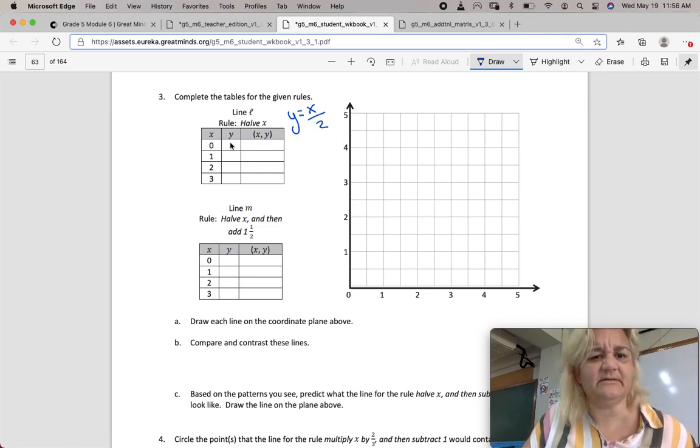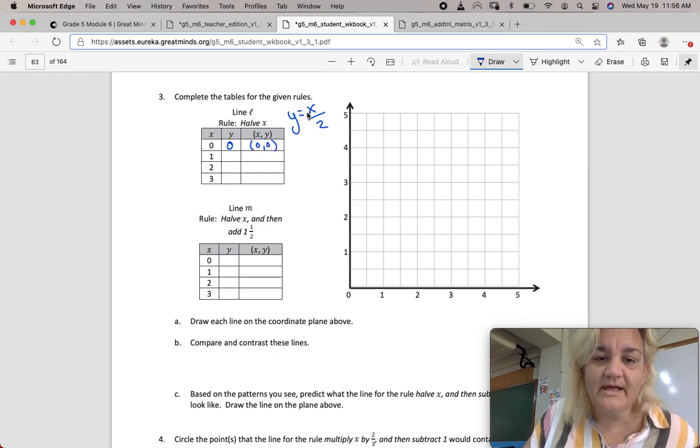It's still 0, isn't it? 2 goes into 0 zero times, yeah, 0, 0. 1 divided by 2, well, that's a half. So that would be 1 and a half. 2 divided by 2, that's 1. So 2, 1. And 3 divided by 2 would be 1 and a half, right?